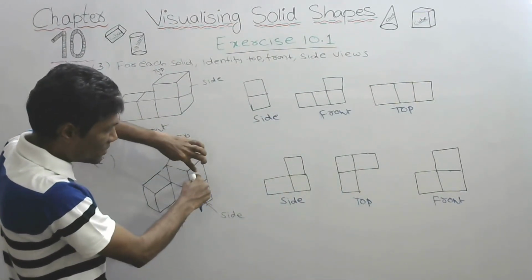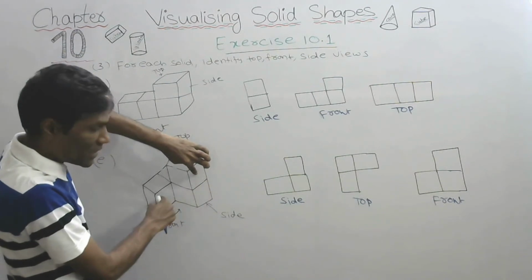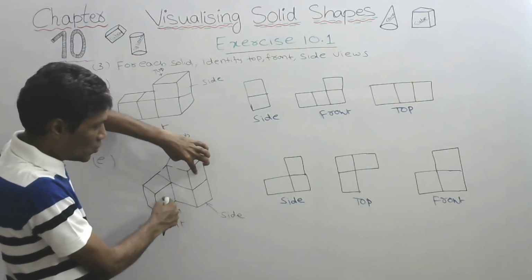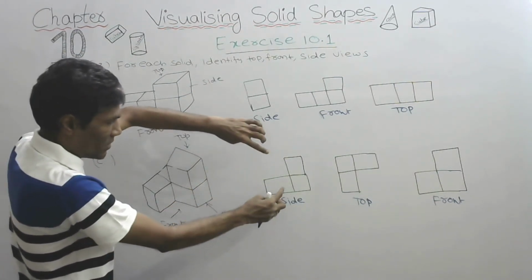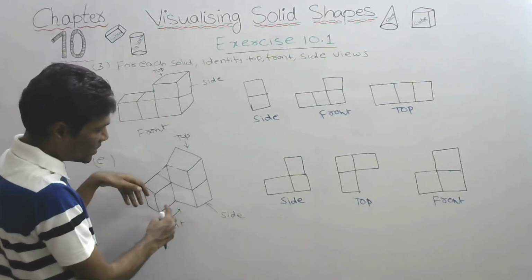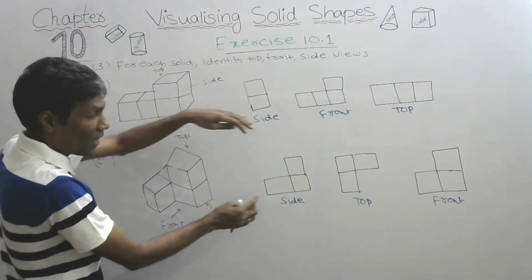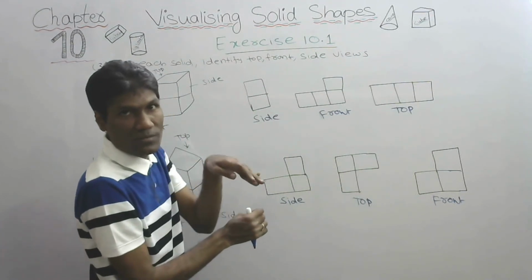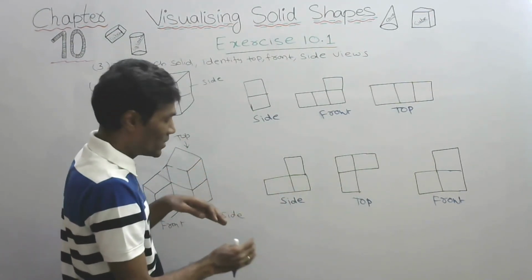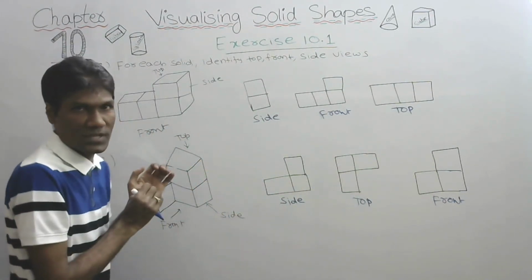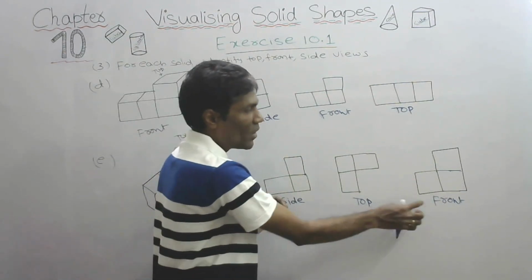If you see from the side also, this two and this one is visible. So 2, 1, 2 and left hand side 1. If you see from side or front, these figures will be same. That is 2 and 1 left side. So side, top and front.